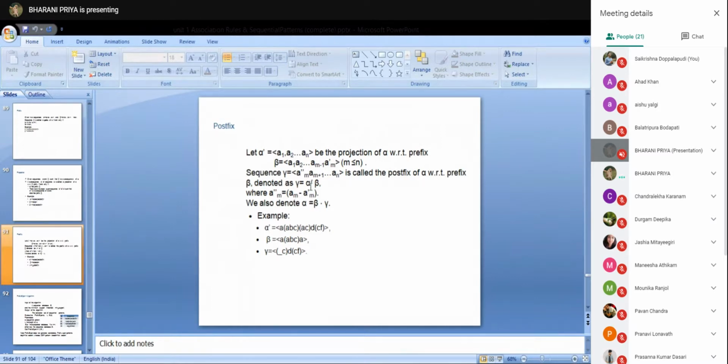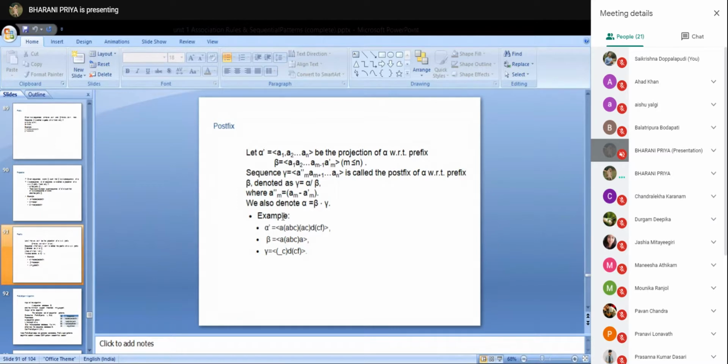Simply, beta is a prefix and we are representing the postfix as gamma. So the concatenation of beta and gamma, represented with the dot operator, is your original sequence. That is, the concatenation of prefix and postfix is your original sequence.